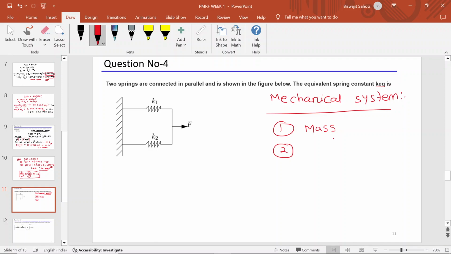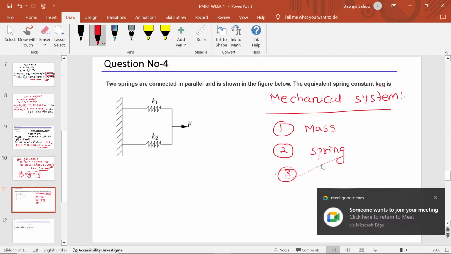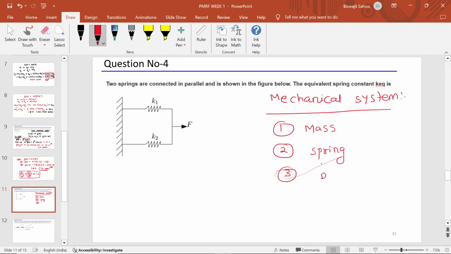The first one is mass. The second one is the spring. The third thing, sometimes in a mechanical system, is the damper, also called a dashpot.